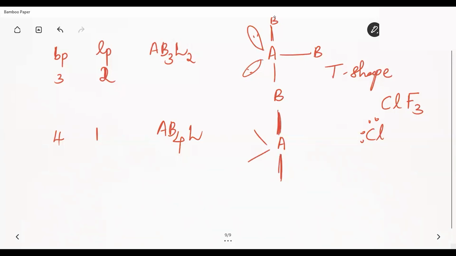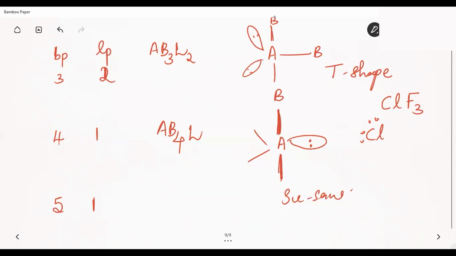My kids play on this. They like it very much. This is a seesaw shape. We are not considering the lone pair. How many lone pairs are here? Here it is 1 lone pair. This is like a seesaw shape.